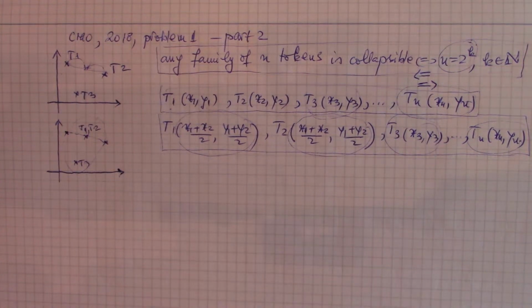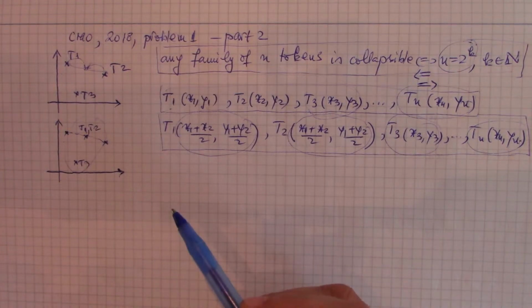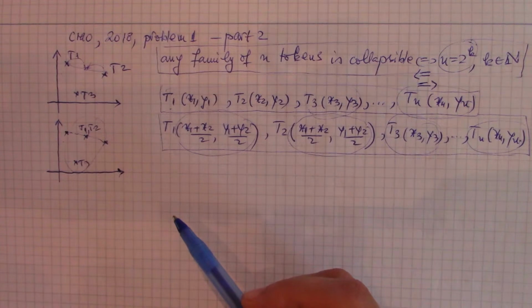So now I'm thinking, well, we can collapse various tokens, so we have a lot of freedom in what we do and what we collapse.